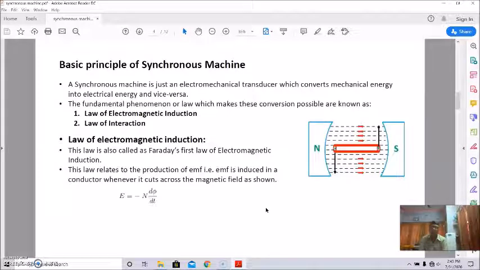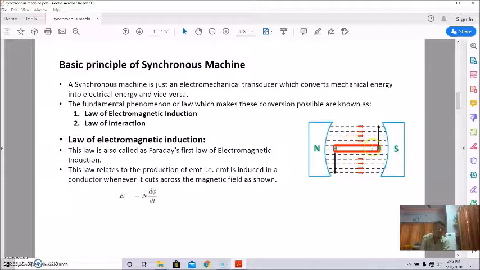The fundamental phenomena or laws which make this conversion possible are the law of electromagnetic induction and the law of interaction. The law of electromagnetic induction is Faraday's law of induction, and it is related to the production of EMF. That is, EMF is induced in a conductor whenever it cuts across the magnetic field. Here, this is the magnetic field and this is the conductor.